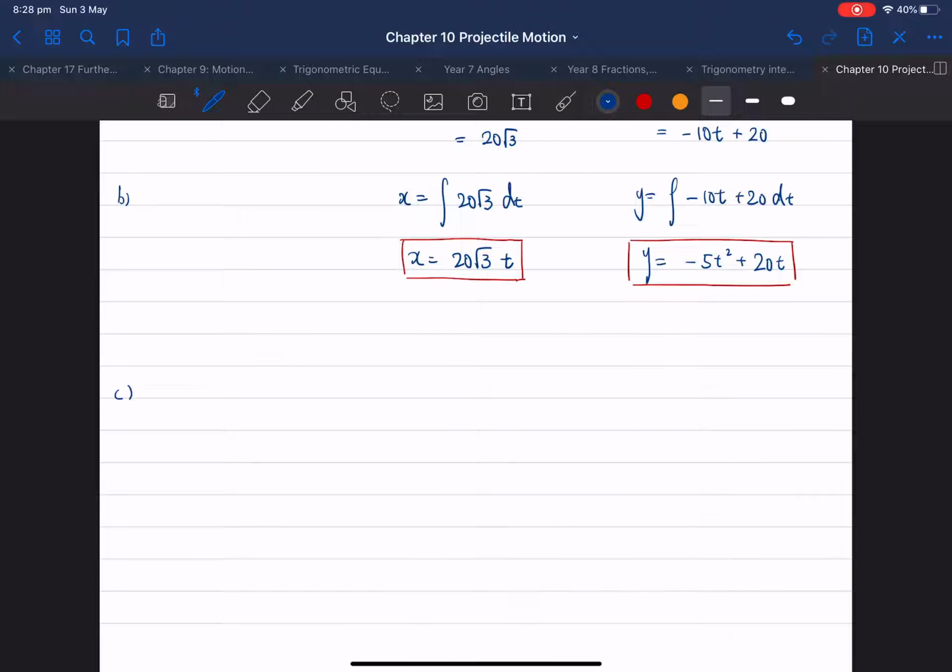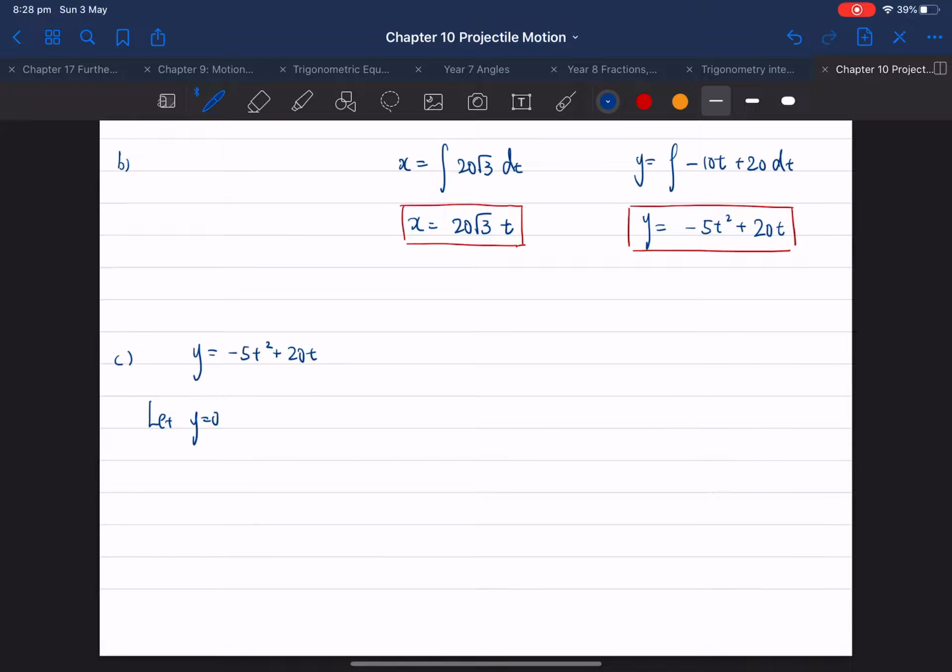The first question asks us to find when the particle reached the ground again. We're going to start with y equals minus 5t squared plus 20t, and we're going to let y equal 0. Reaching the ground means the starting point. There is no change in vertical distance, so therefore it is going to be 0.